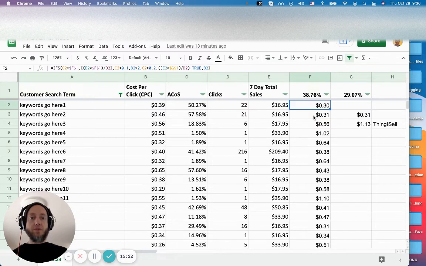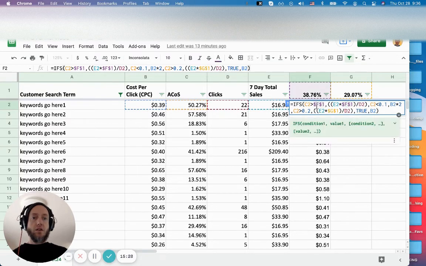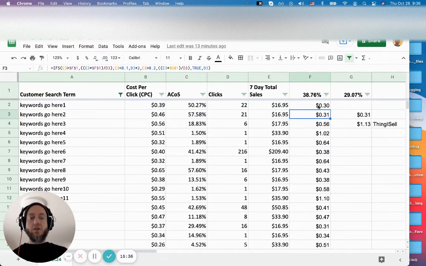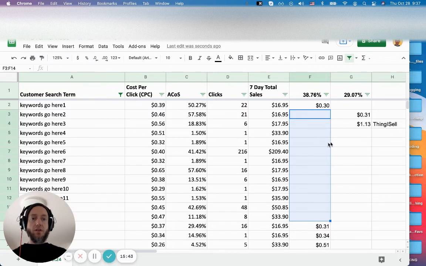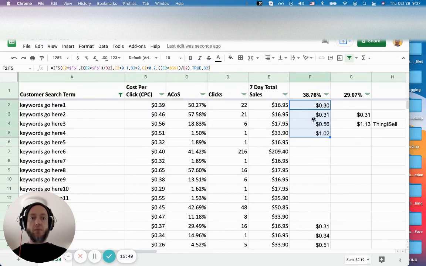And I just want to show you one thing that you want to make sure that you do for sure, which is you want to lock this value by putting in these dollar signs. Because when you're dragging this formula down, it's going to auto populate.